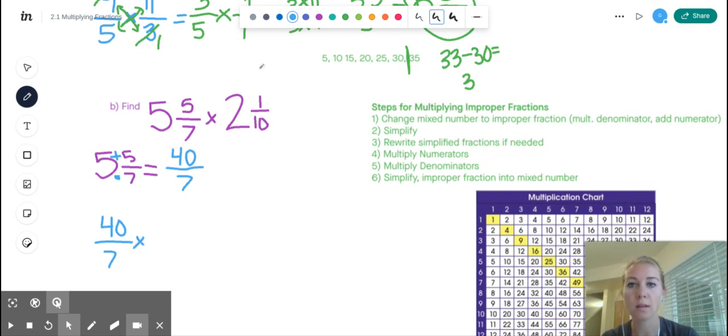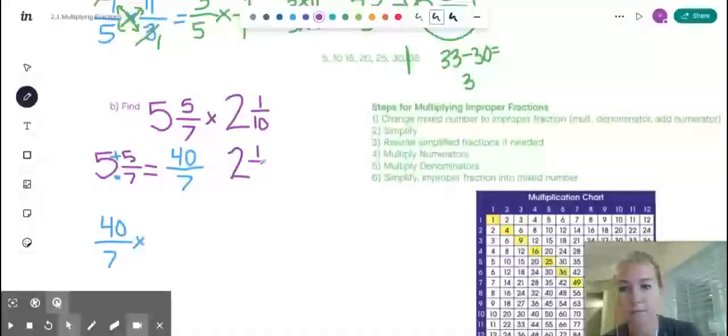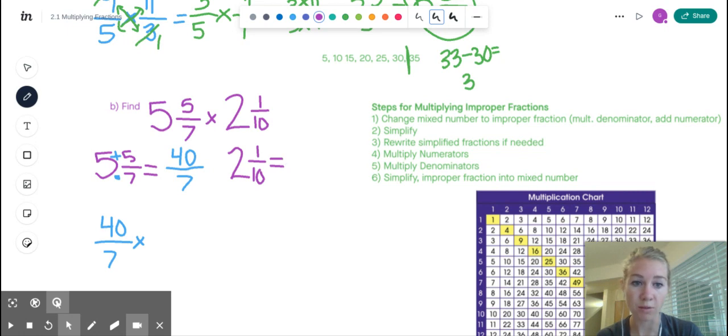Okay. All right. Now let's change this mixed number, which is 2 1/10, into an improper fraction. Now maybe you're saying, why do we have to do that? Can't we just multiply the whole number and the fractions? No, we can't do that. We have to do this step. First, I'm going to get down my denominator so we don't forget it, which is 10.